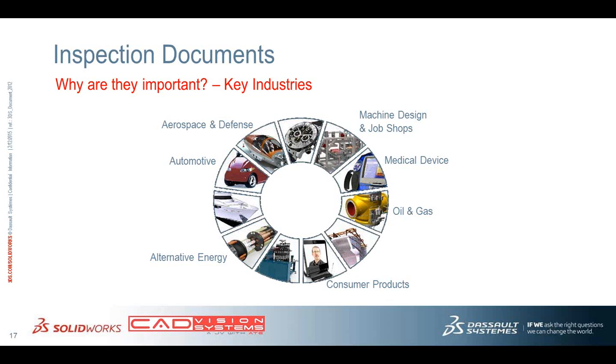We have industries like aerospace and defense, machine design and job shops, medical devices, automotive, alternative energies, oil and gas, and even consumer products. Even consumer products, let's say for your phone cover. We need to inspect them so that it fits perfectly to your iPhone or your Samsung. So these are also very important to them.